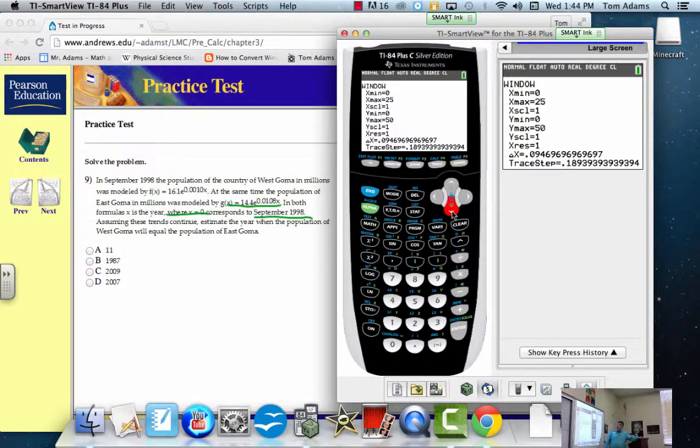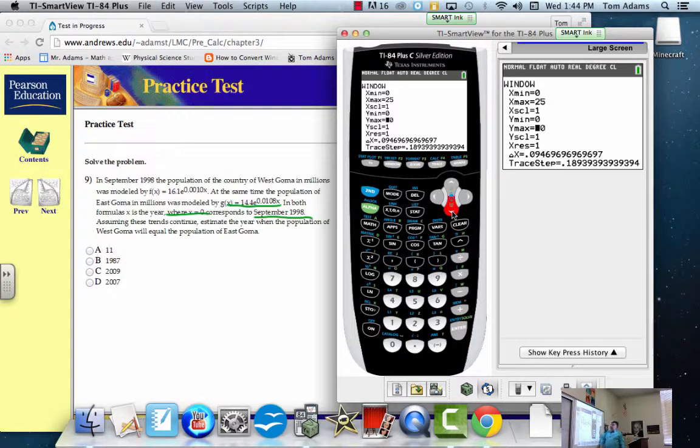Well, what's the lowest my population will be? Well, it'd probably be the 14.4, right? Because if I let e be raised to this number times x, if x equals 0, it's like e to the 0. E to the 0 equals 1. 1 times 14.4 is 14.4.